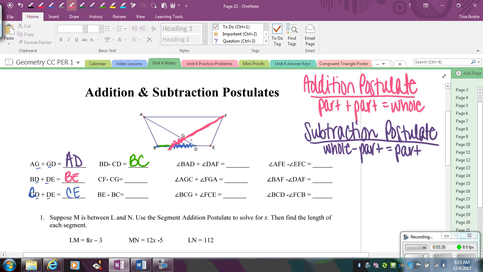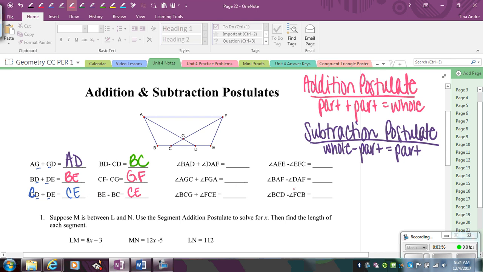So I'll be left with the other piece, which is GF. And then down at the bottom, we're going to take BE, that whole thing, and subtract off BC. So we'll be left with CE. And again, you can kind of see a pattern here of the repeated letters disappearing. But you really want to look at the picture for these. So those are addition and subtraction postulates for segments.